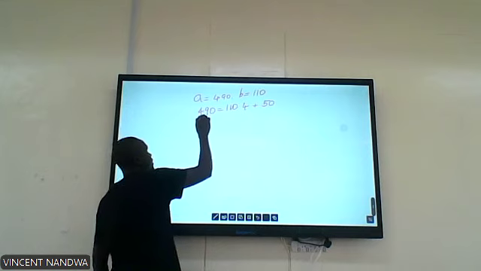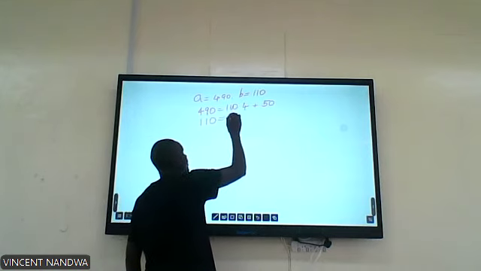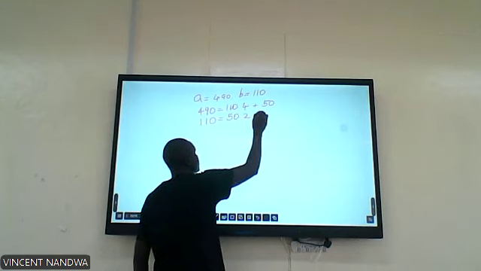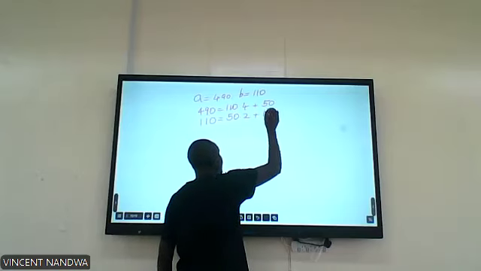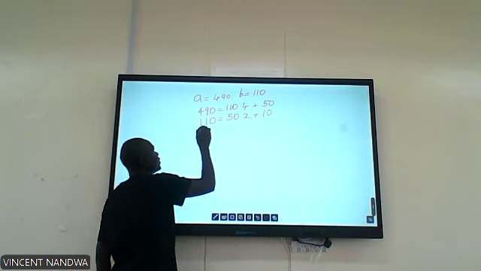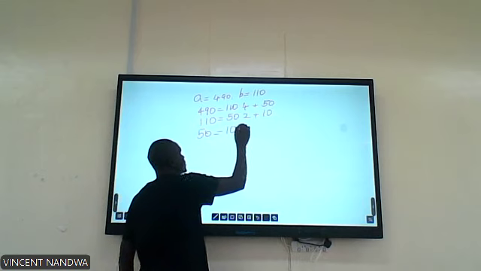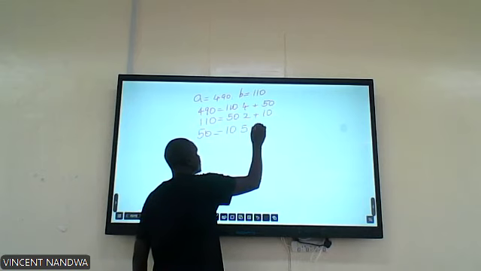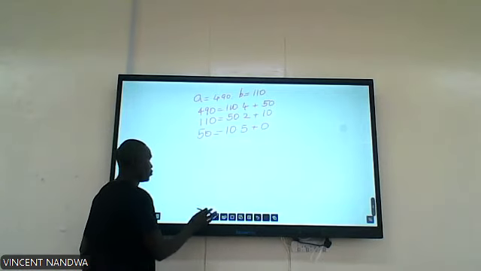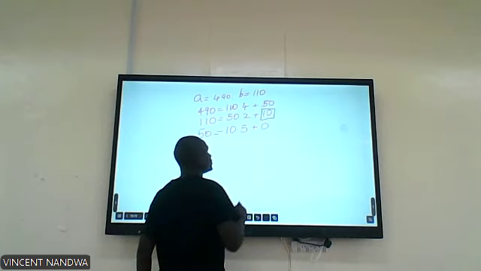Then the second step, 110 takes the role of 490, and then 110 equals 50 times 2 plus 10. Then we have 50 equals 10 times 5, plus 0. Once we have that, this 10 is the GCD.